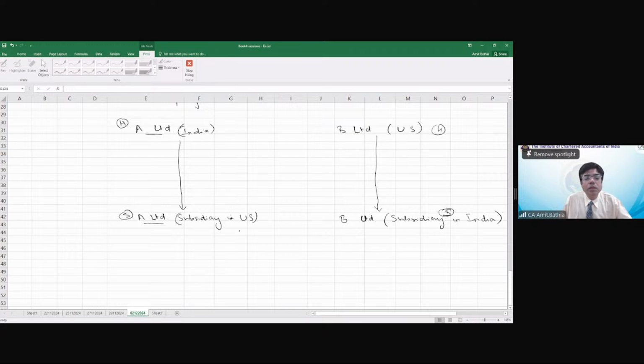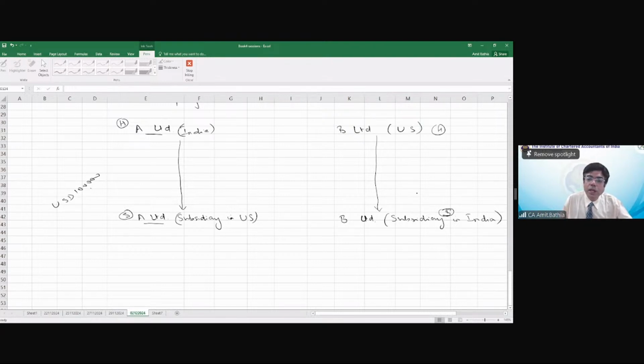All right. Now say, hypothetically, if A Limited wants to provide some money to A Limited subsidiary, which is, say for example, USD 100,000. A Limited subsidiary in US is in need of money and A Limited wants to provide that money to the subsidiary.